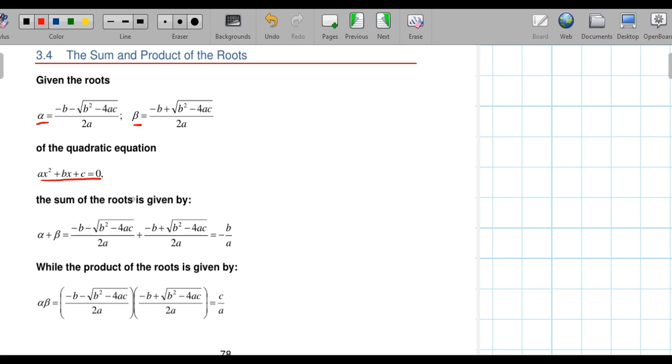So how true could that be? Let's check it out. Alpha plus beta is going to be equal to this plus this, right?